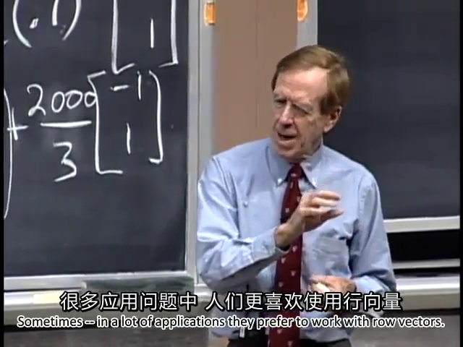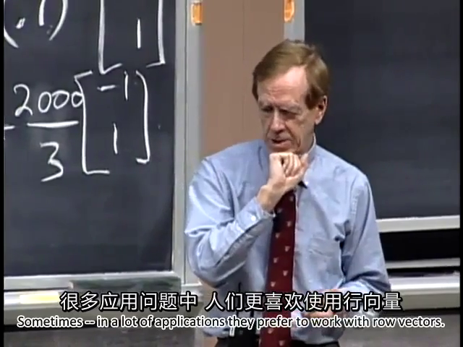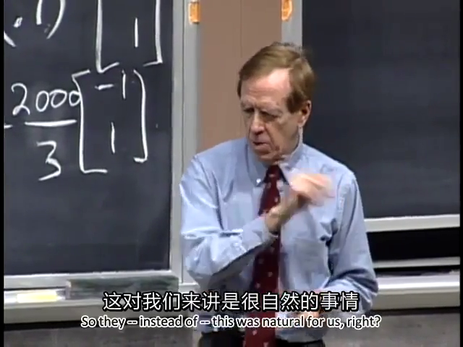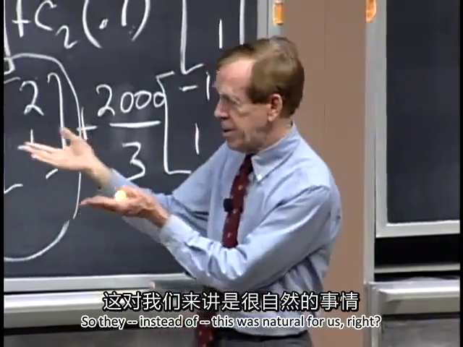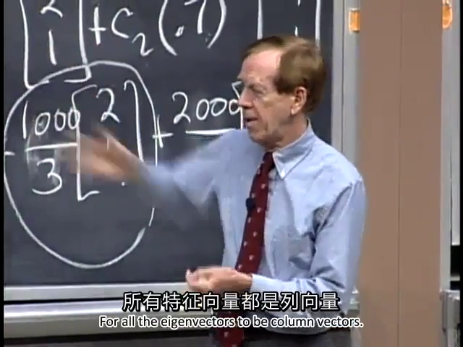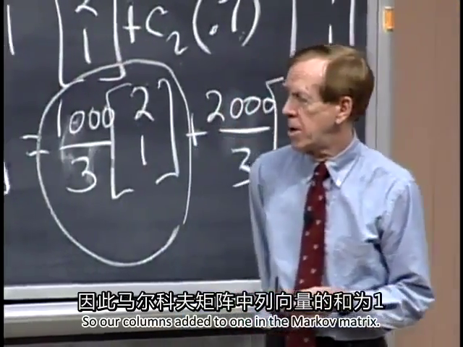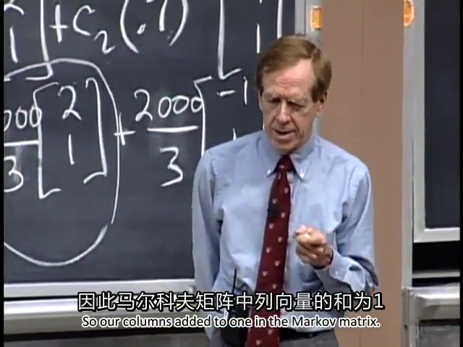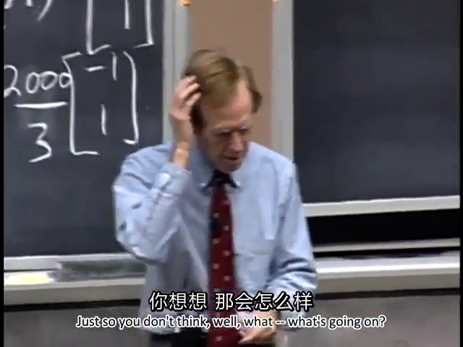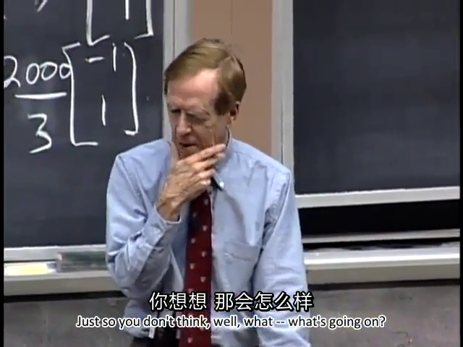Sometimes in a lot of applications they prefer to work with row vectors. Instead of, this was natural for us, right, for all the eigenvectors to be column vectors. So our columns added to 1 in the Markov matrix. Just so you don't think, well, what's going on?